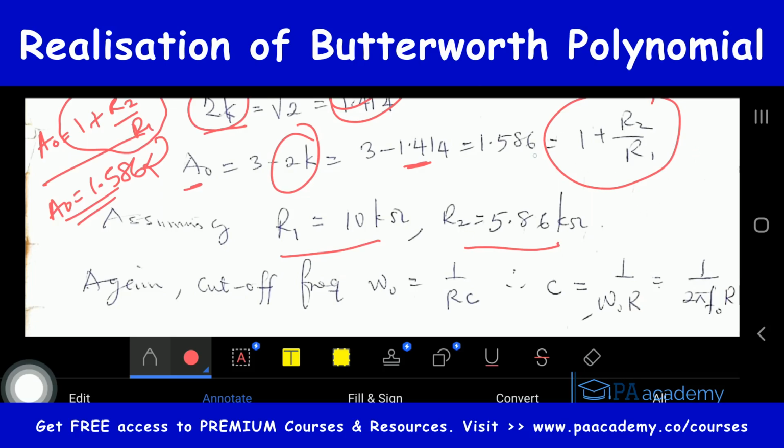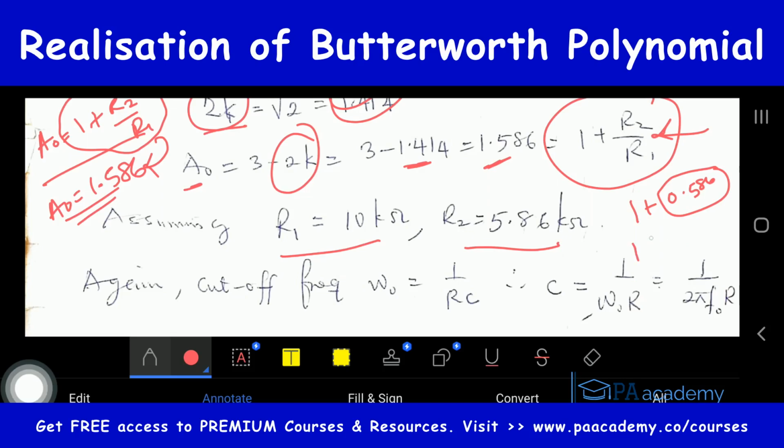Now let's do it like this. This is 1.586. We can also write this as 1 plus 0.586. For us to bring this 0.586 into the form of R2 over R1, we assume our R1 is 10 kilo ohms and our R2 is 5.86.